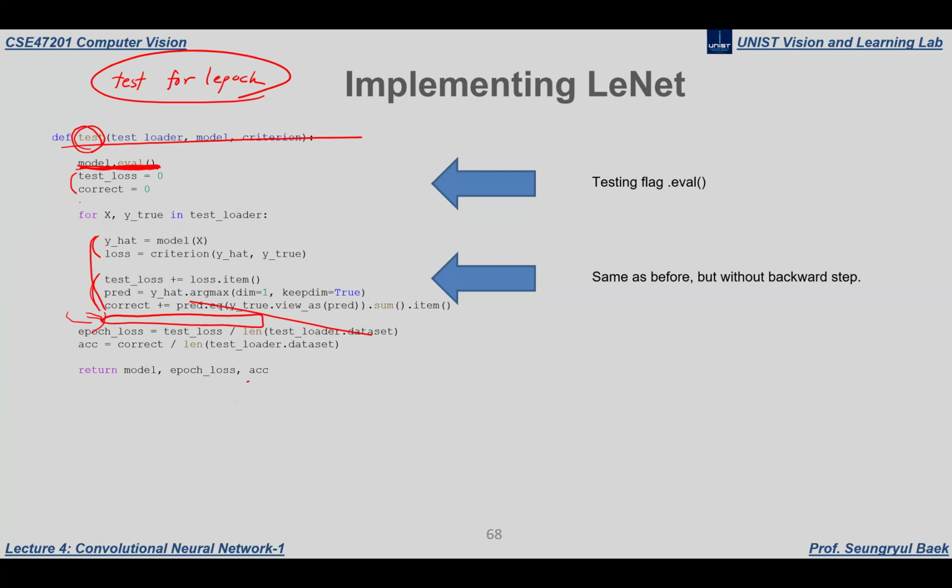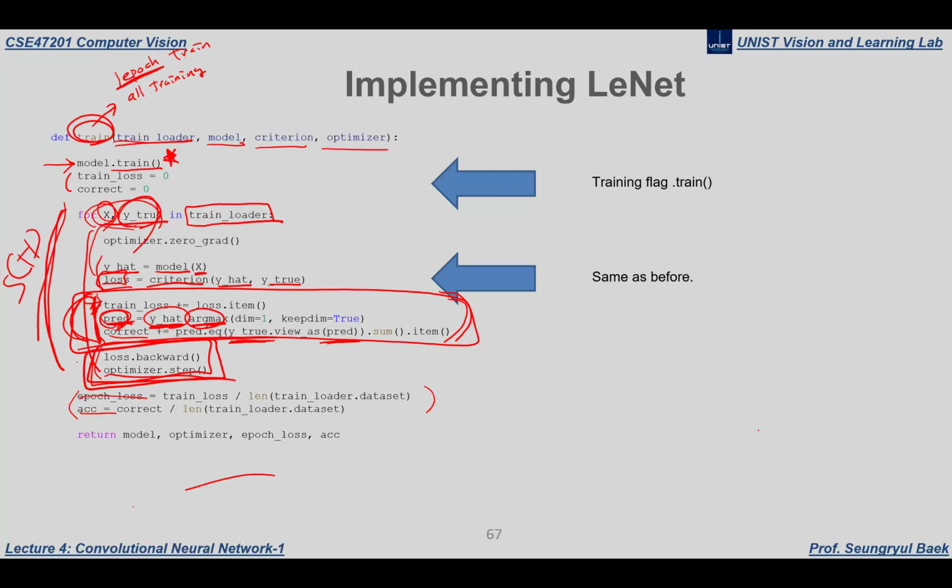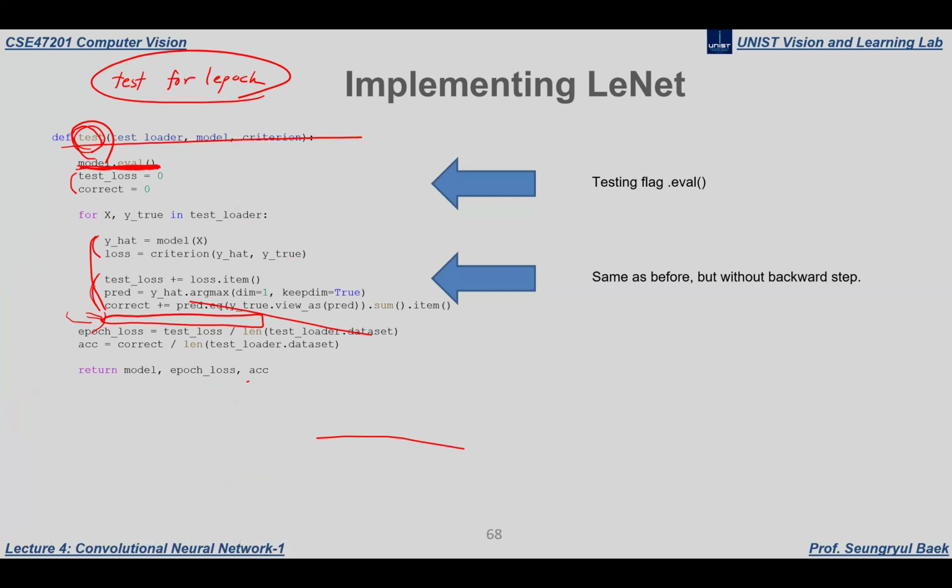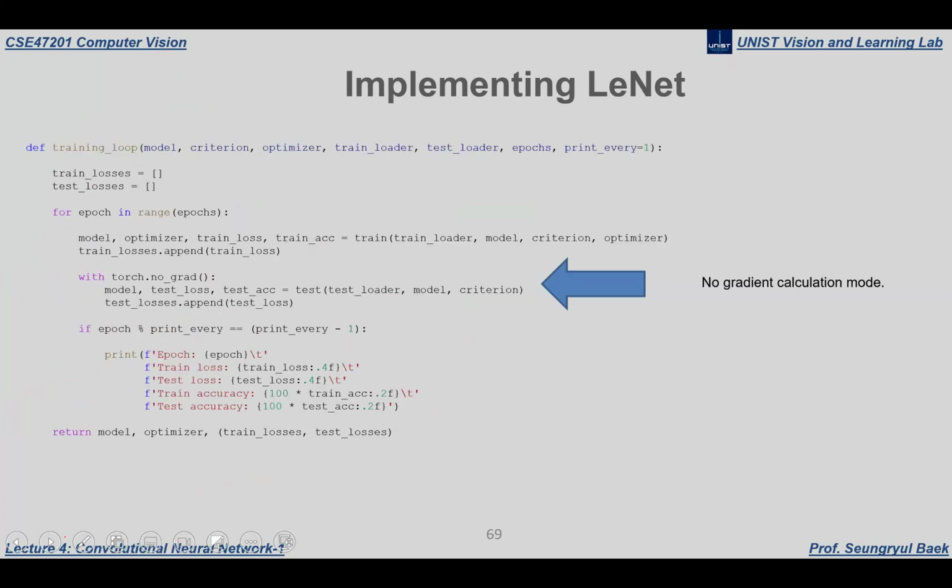So the difference between testing and training code is the existence of this code or not, okay? And also this part is not necessary for the testing data. So these two codes are not in the testing part, okay? But the remaining things are the same, okay? And also you have to put your model in evaluation mode. That's the only difference in the testing code.